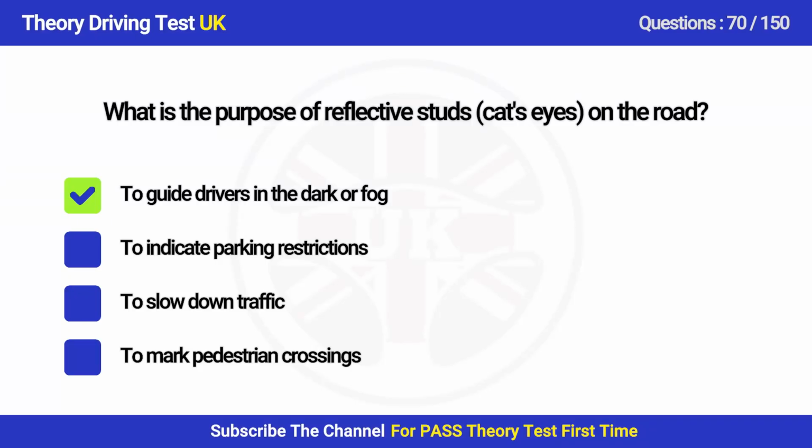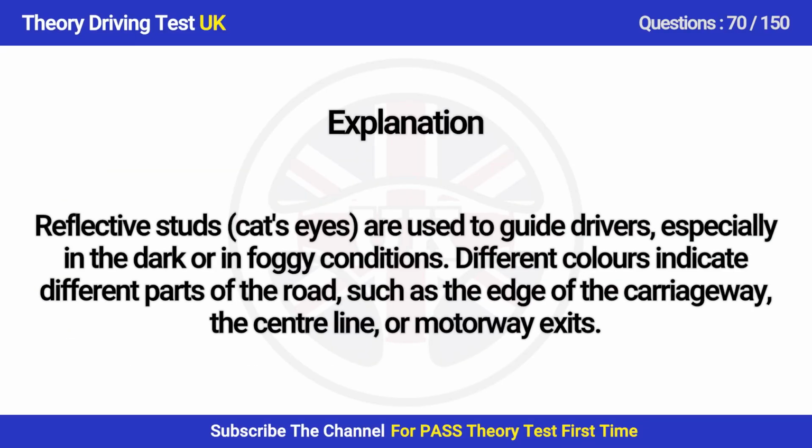Answers is A, to guide drivers in the dark or fog. Reflective studs, cat's eyes, are used to guide drivers, especially in the dark or in foggy conditions. Different colors indicate different parts of the road, such as the edge of the carriageway, the center line, or motorway exits.